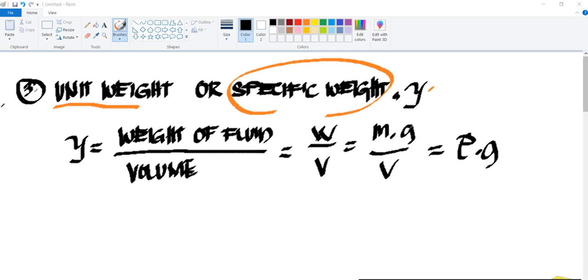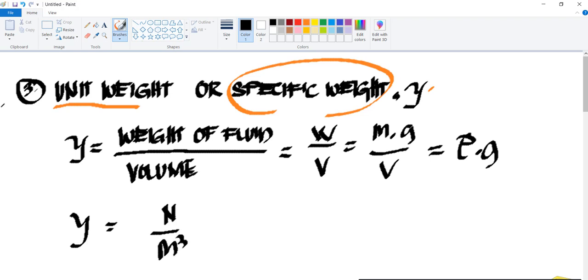And we have the units of specific weight. The unit is weight over volume, so that will be Newton per cubic meter.